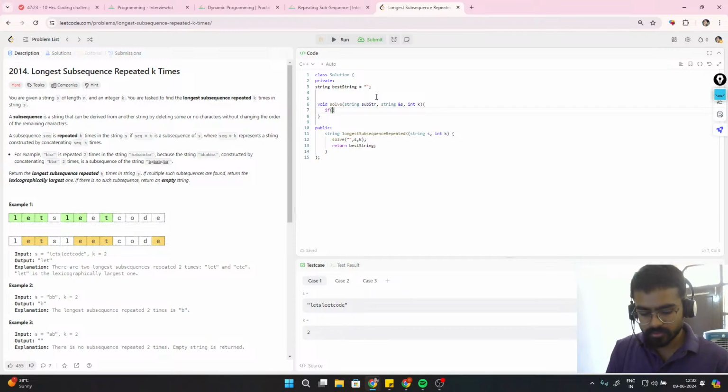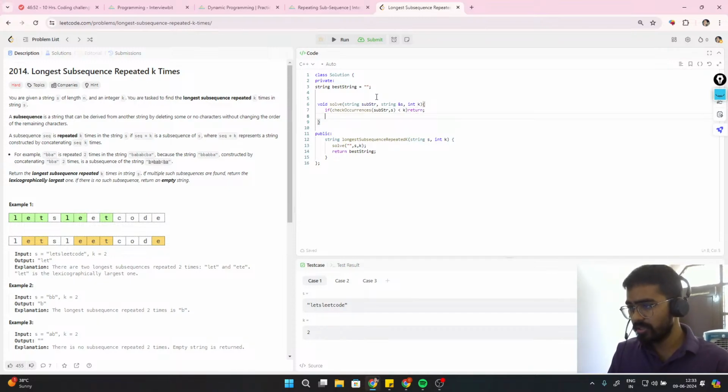So I'll check occurrences of substr in s, and if it is lesser than k, I'll simply return.